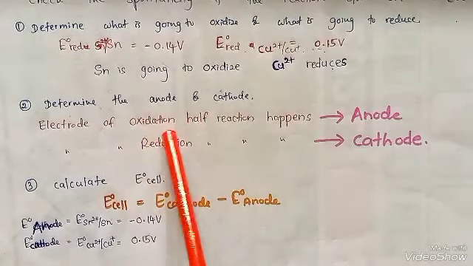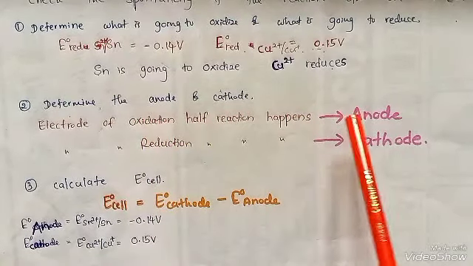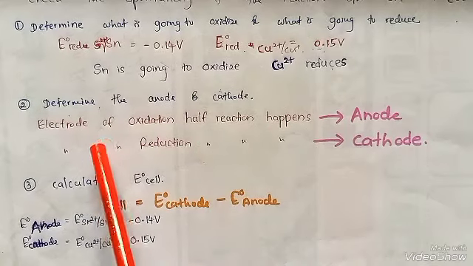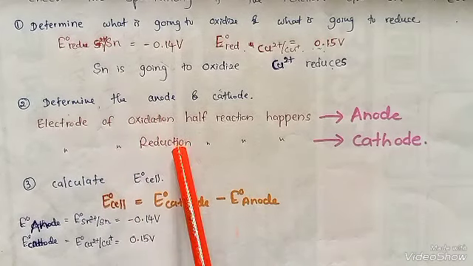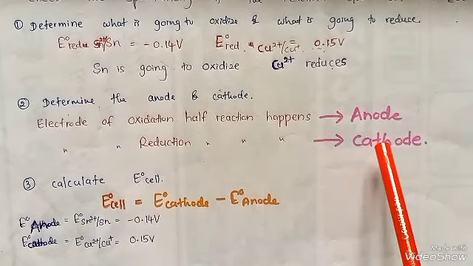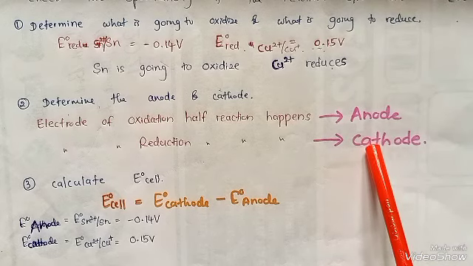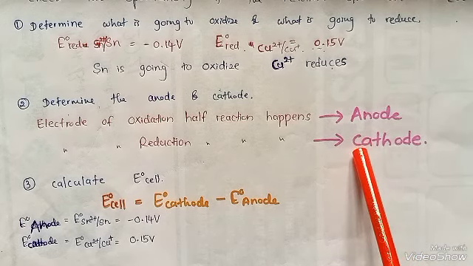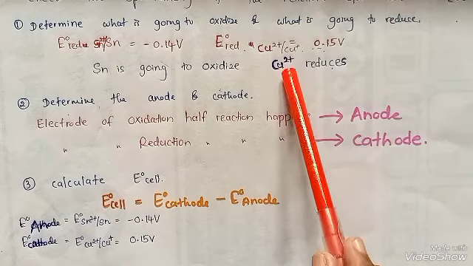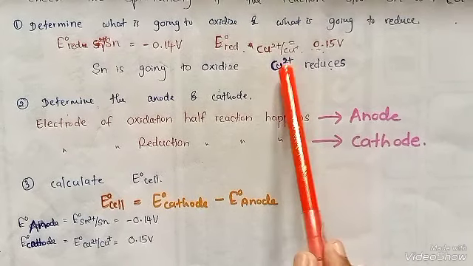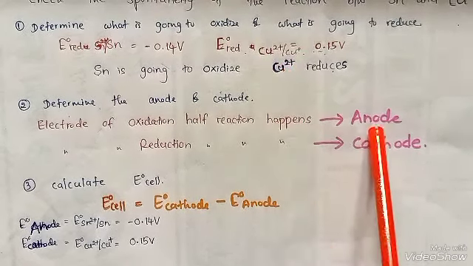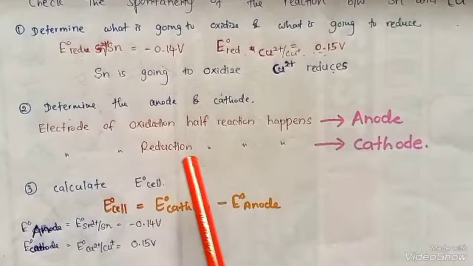Determine the anode and cathode. The electrode where the oxidation half reaction happens, we call the anode, and the electrode where the reduction half reaction happens, we call the cathode. So in this case, the cathode is the copper electrode and the anode is the tin electrode.